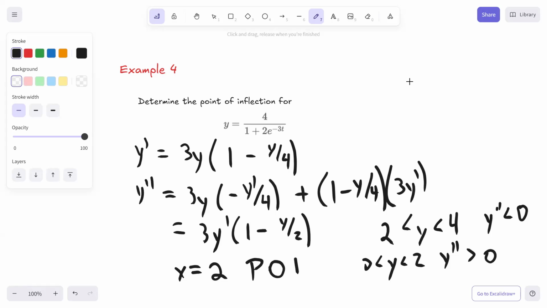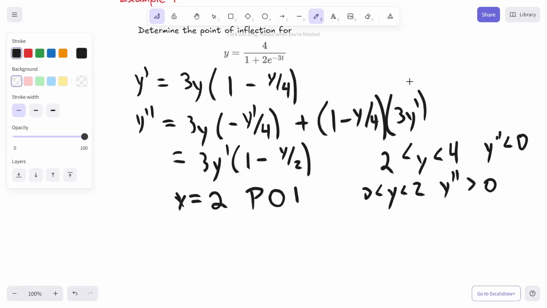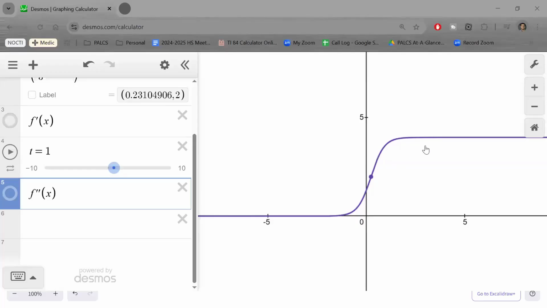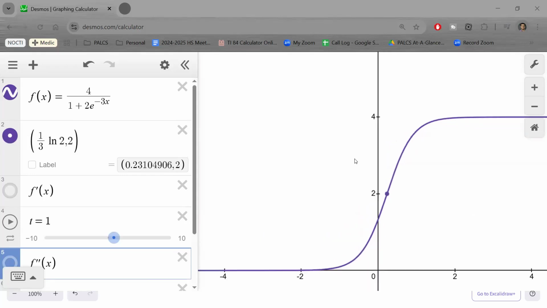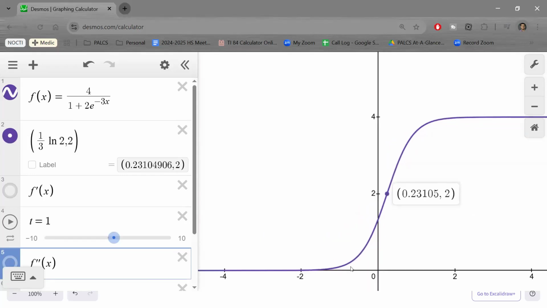Now, if we plug y equals 2 into the original function, we would have (1/3 natural log of 2, 2) as our point of inflection for this graph. And we'll bring that up in Desmos to show you that. Here we have our graph of f of t, I call it f of x here, and I highlighted the inflection point right here. Notice before this point, the graph's concave up.